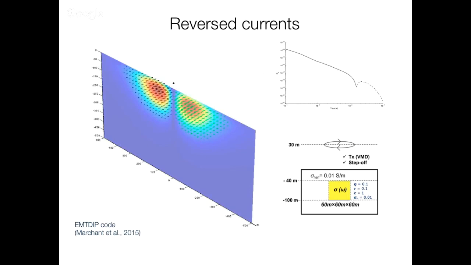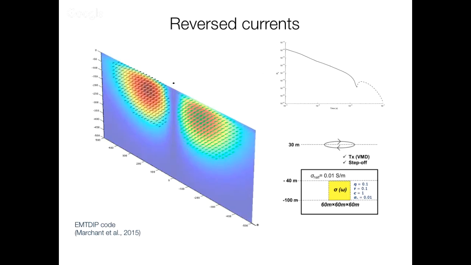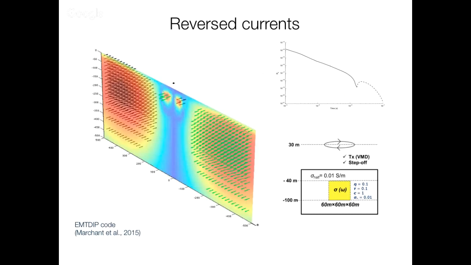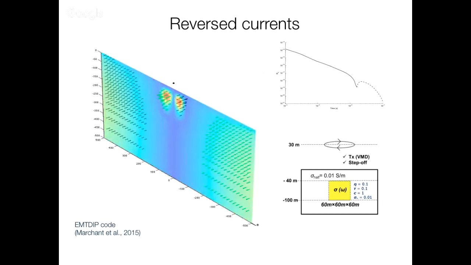So here's the start. Here's the EM induction. But at the same time all this is happening, that block is being charged up. And now we're sitting over here at this time, so our receiver is directly on top, and you see that the currents are actually going the other way. So those are the polarization currents in the block.